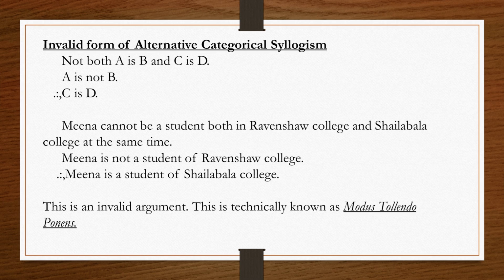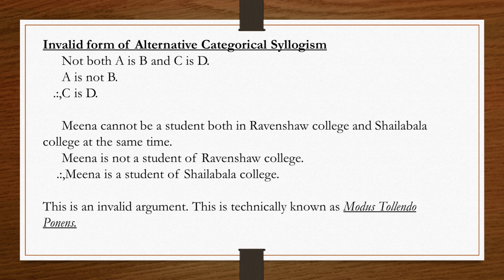Now, let us see the concrete example. Minna cannot be a student both in Ravenshaw College and in Salabala College at the same time. This is the major premise. In the minor premise, if I say Minna is not a student of Ravenshaw College, from this, does it follow that she is a student of Salabala College?